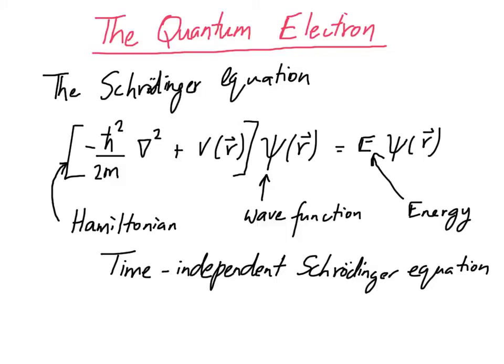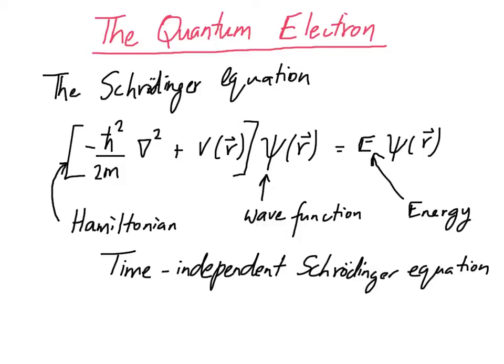Now, Schrodinger actually wrote this equation down in order to explain the behavior of the electron in hydrogen. Spectroscopic information was available for hydrogen, and the results were rather puzzling. It indicated that our electron can take on only discrete energy levels, minus 13.6 divided by n squared eV, where n is any positive integer.